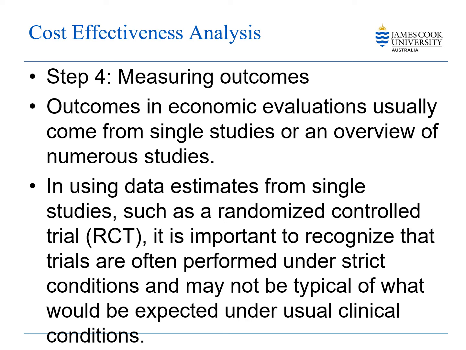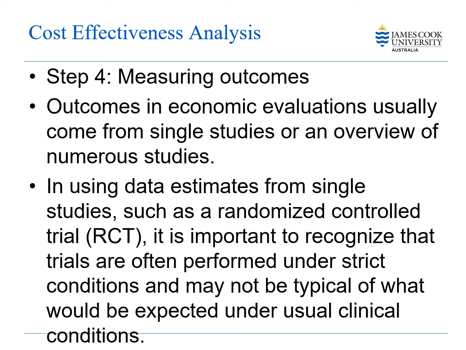In measuring outcomes, they usually come from single studies or an overview of numerous studies. For example, if we want to use cost effectiveness analysis to assess a new treatment, then the outcomes could come from what is called randomized controlled trials.